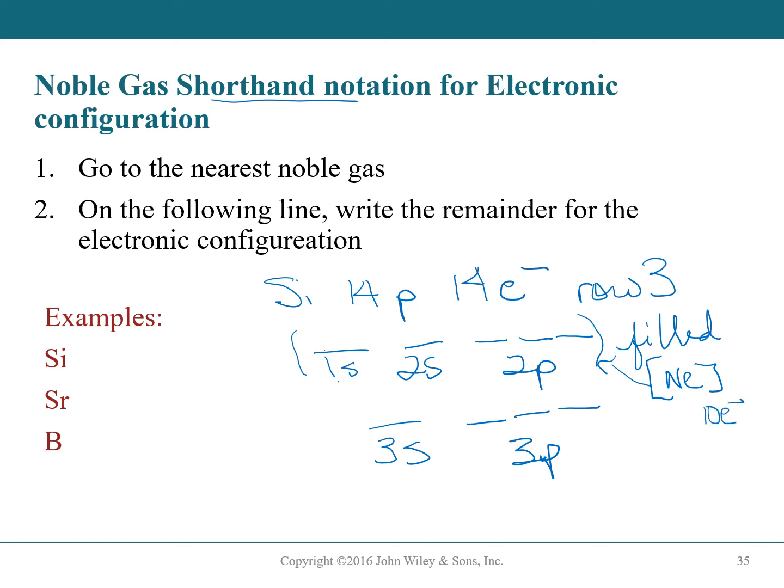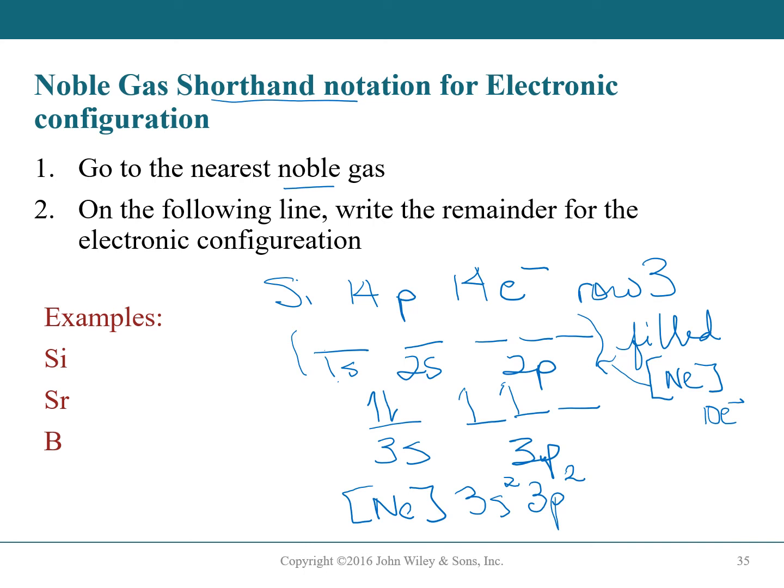So I just have 4 electrons left. 1, 2, 3, 4. So what you would write with the noble gas configuration is you start off with the nearest noble gas on the row above your element of interest. So you write neon, then it's going to be 3s2, 3p2.